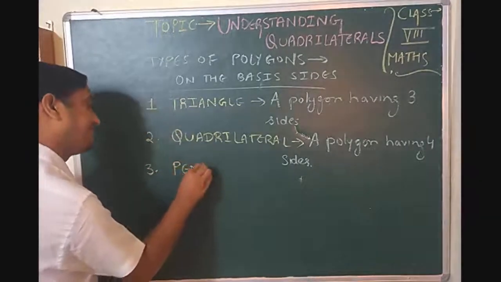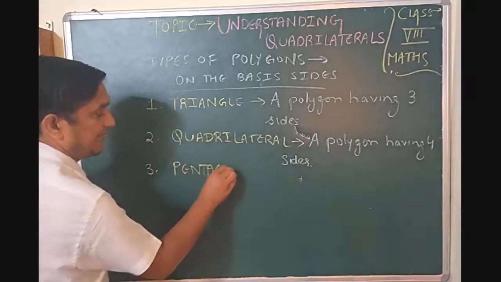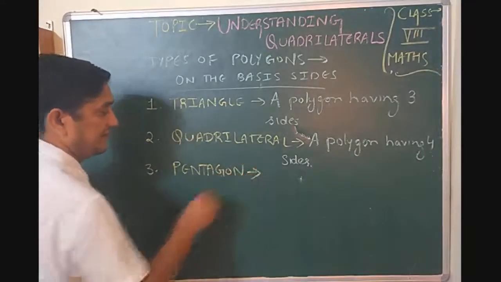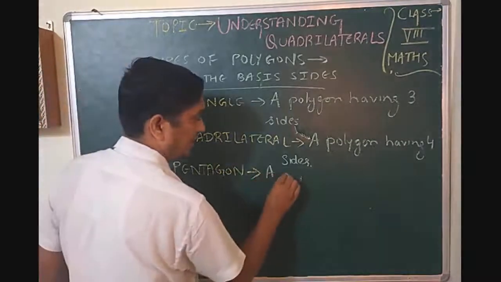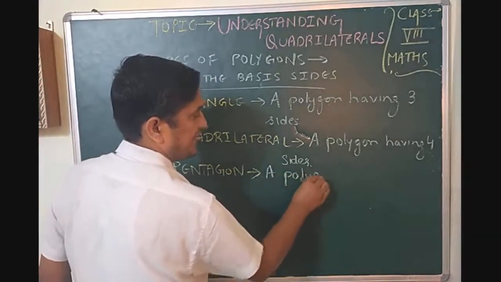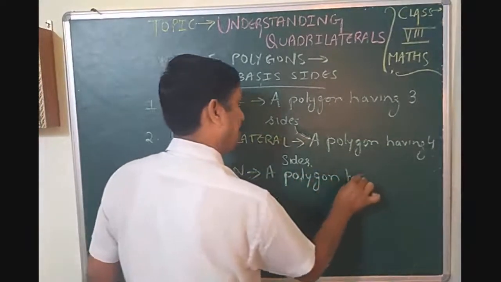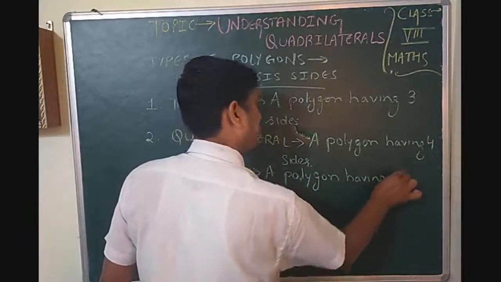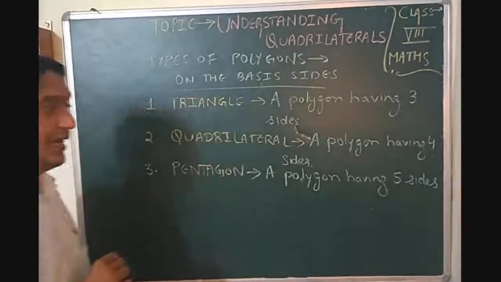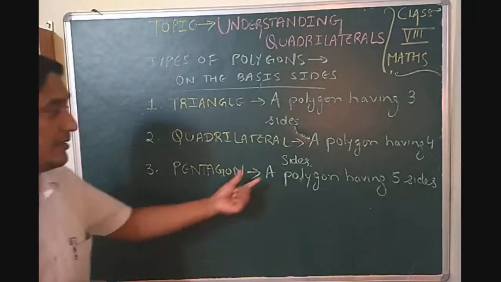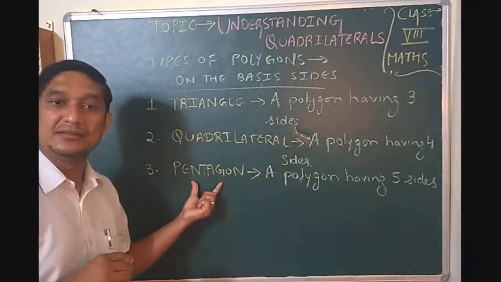Next is pentagon. Penta stands for 5. So a polygon having 5 sides is called pentagon.